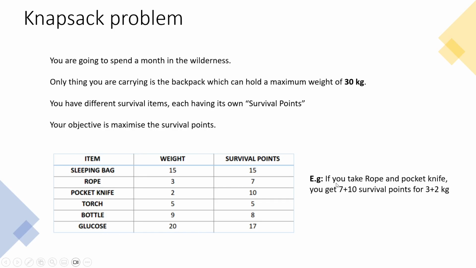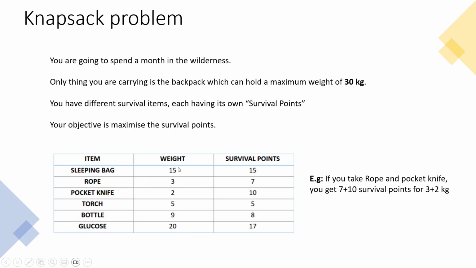For example, if you take rope and pocket knife, you will have 5 kilograms in your bag, but you will have 17 survival points, which is quite high. And if you have 5 kilograms occupied by these two items, you will have 25 kilograms more to carry. That means you can basically take glucose with you, and that's all.